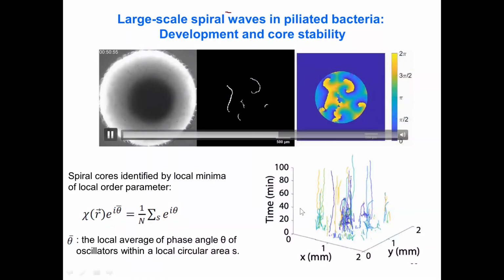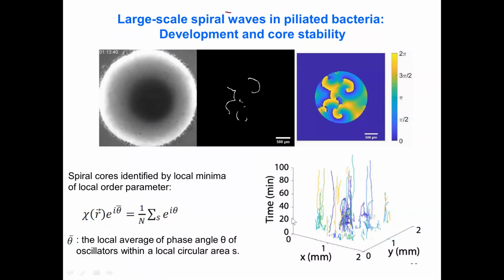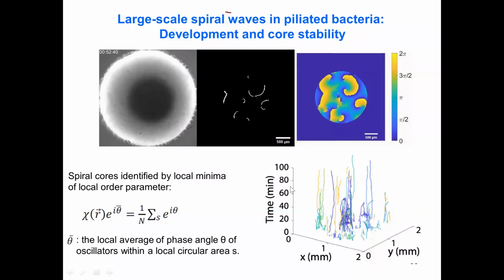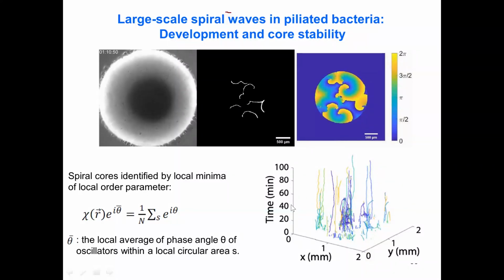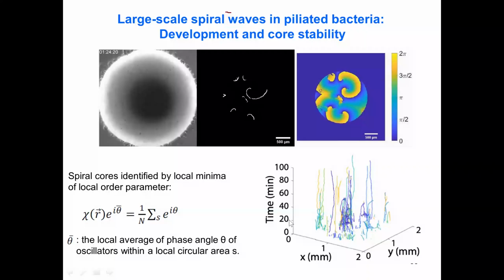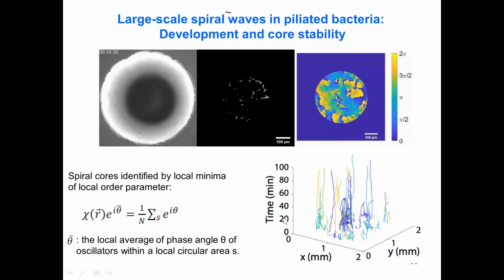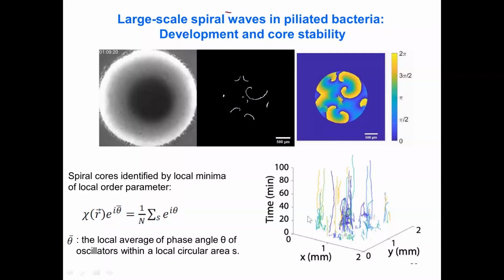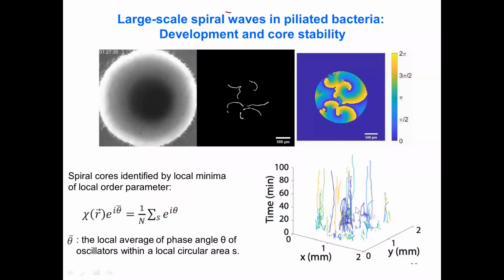So this can also be found by looking at the space-time evolution of the spiral center's trajectory. So this vertical axis is the time. If we make a slice at a specific time, the positions of spiral cores are located on this two-dimensional slice.